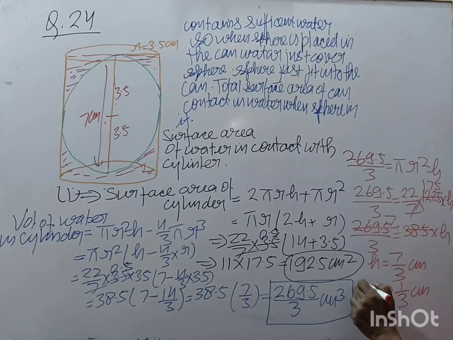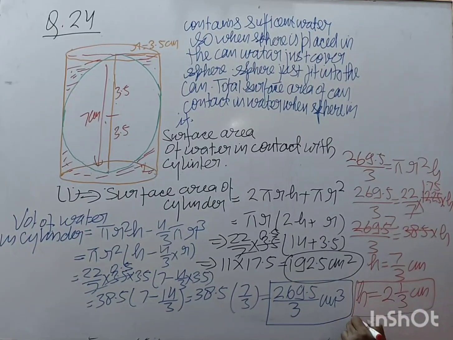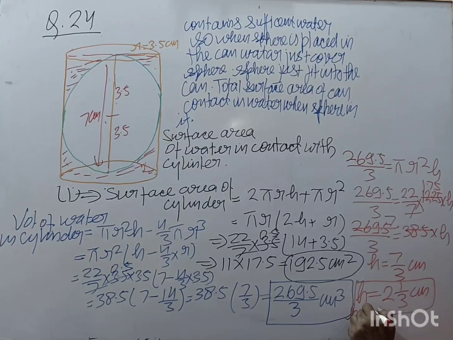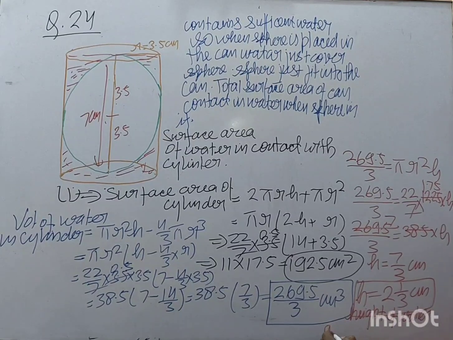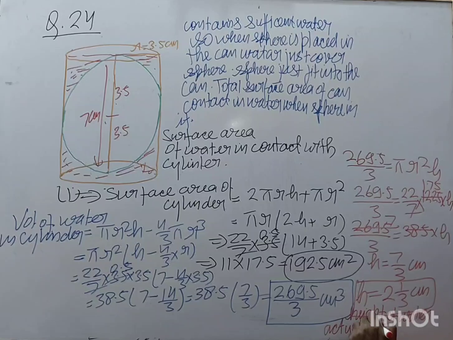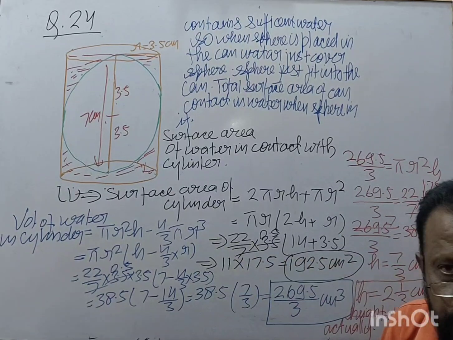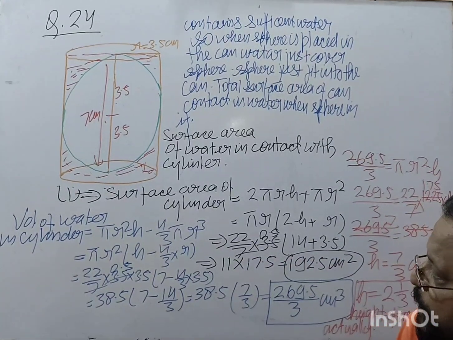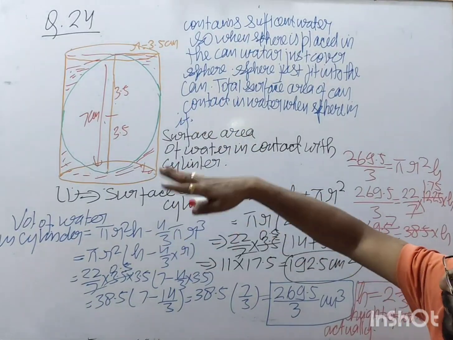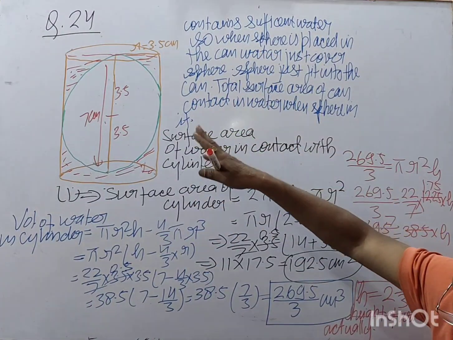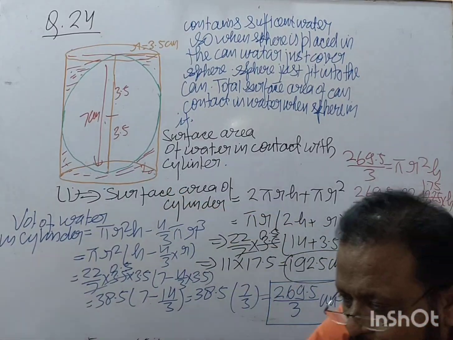Height of water. What is your answer? 7.3 centimeter. Height of water. Actually, this is the actual volume. When you remove this sphere, then what does the cylinder become?